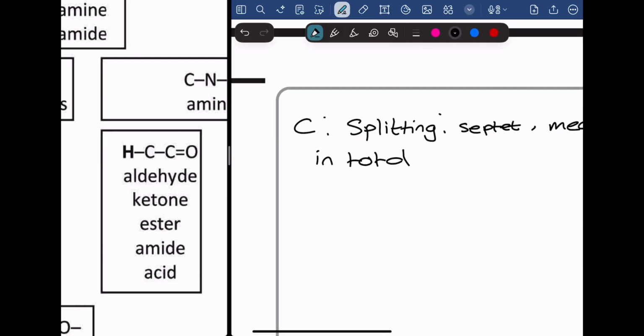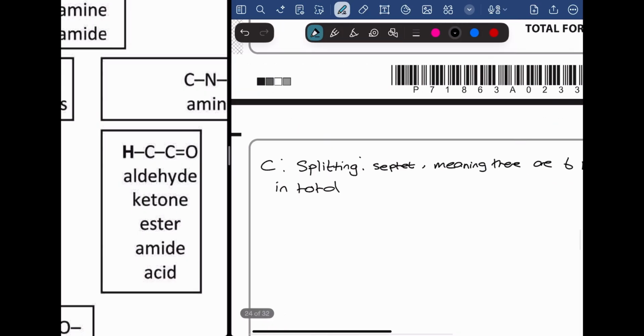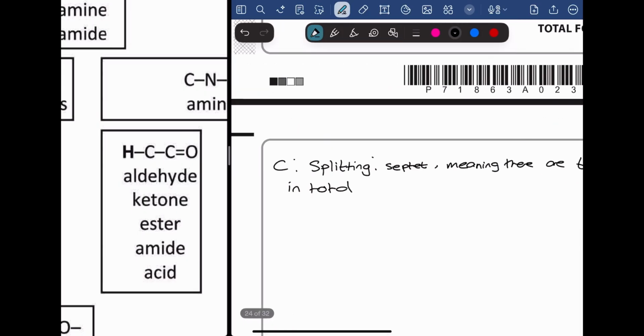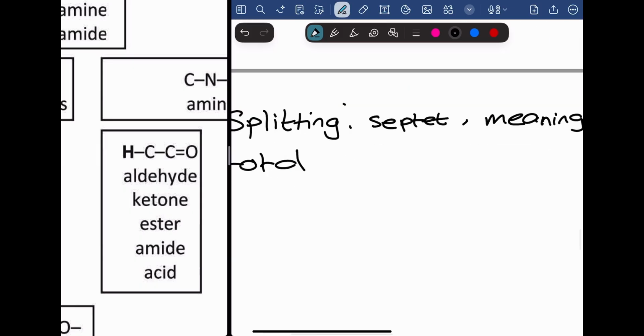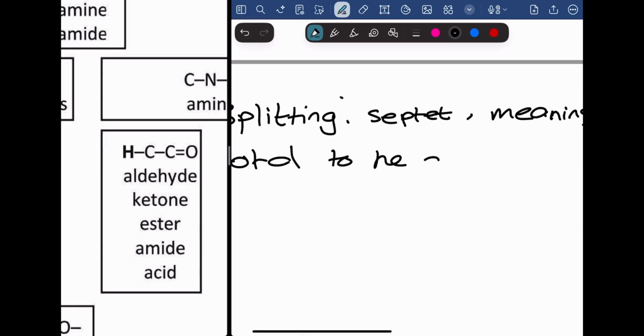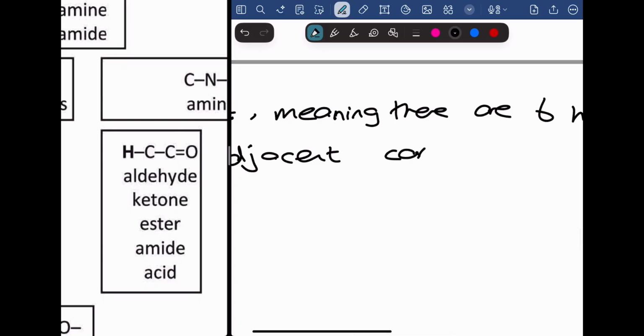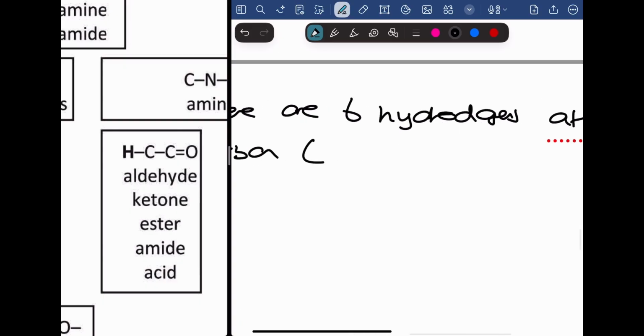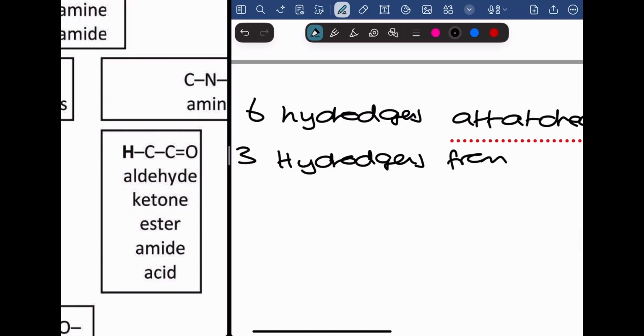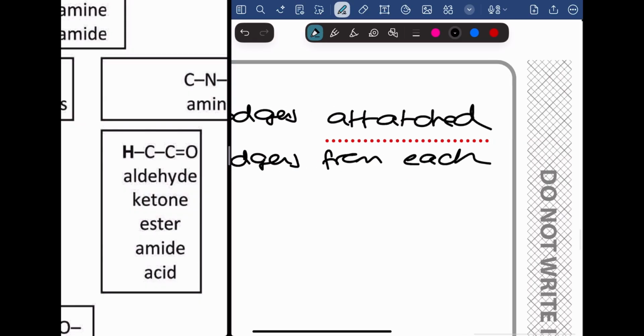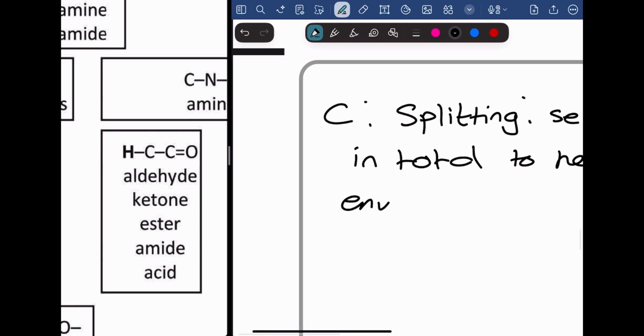So don't say 6 hydrogens attached to a carbon, because that doesn't make sense. So we can say 6 hydrogens attached in total, meaning 3 from one group, 3 from the other group, to the adjacent carbon. And if you want to be really specific, you can say 3 hydrogens from each environment.